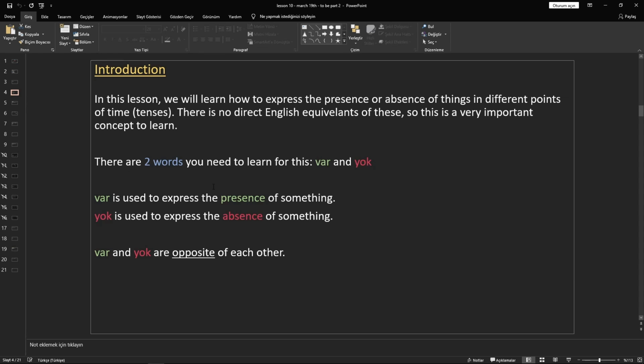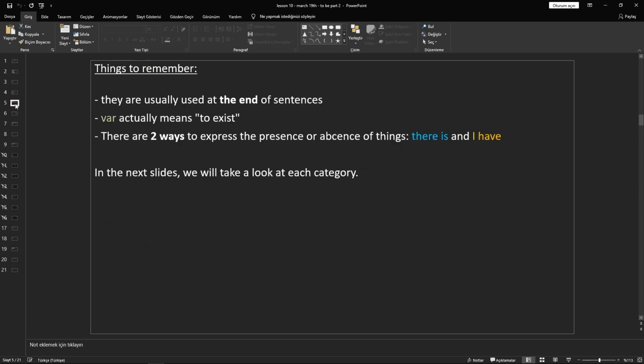So this is simple. I will quickly move to the next slide. There are a few things to remember. I added these reminders for you to understand this subject in great detail. They are usually used at the end of sentences. Turkish sentence order is actually very flexible.